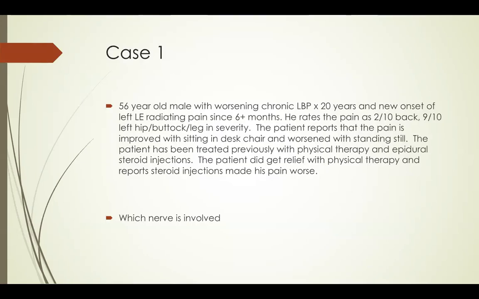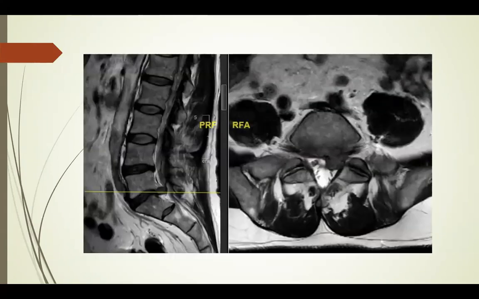So I put some cases here. Say L5-S1 has a disc herniation, and this is your MRI. The herniation is actually on the posterolateral side.